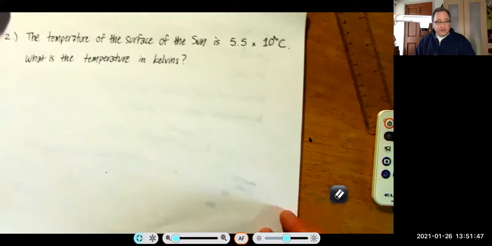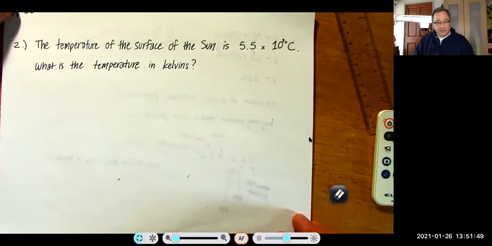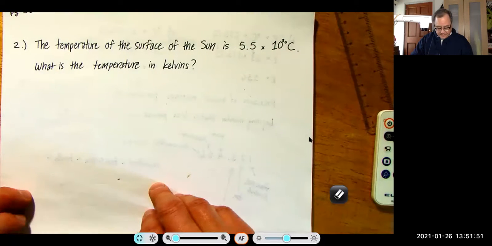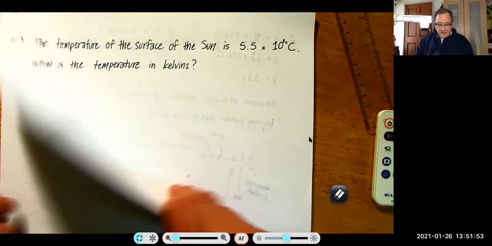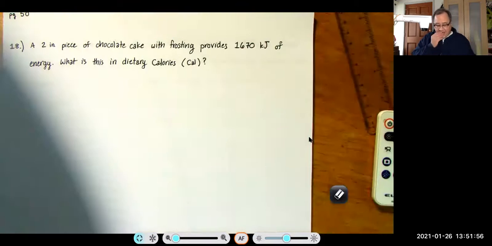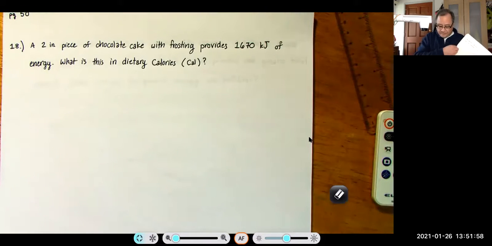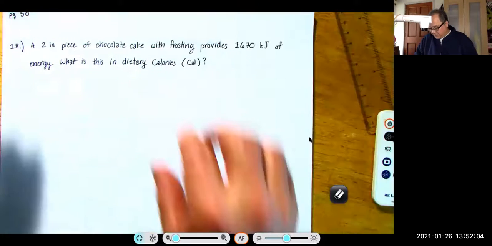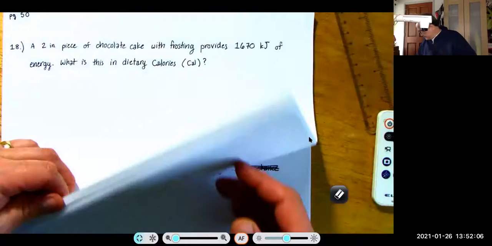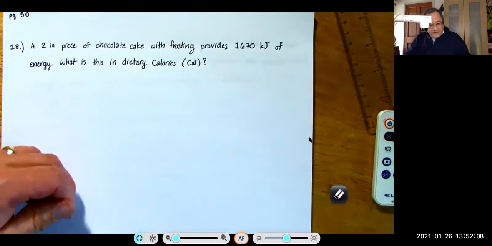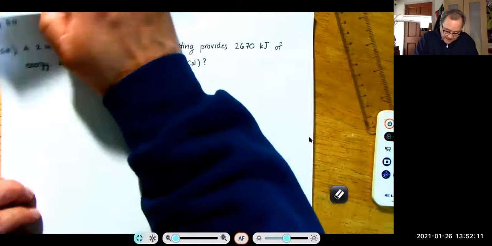And you can see that we have already covered this problem here, number 2. And I believe we are now on number 18. So let me show you how to approach this problem. And I need some blank paper.